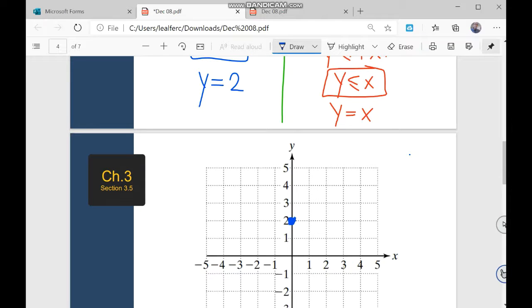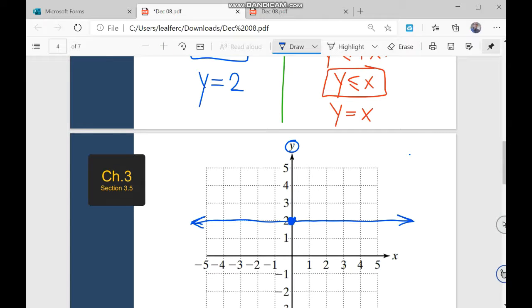If you draw a vertical line, this is going to be equal to the y-axis. So it's not going to be a vertical line. When you're talking about y equals 2, it's going to be a horizontal line, because you don't want to have a line right on top of the y-axis here, right?